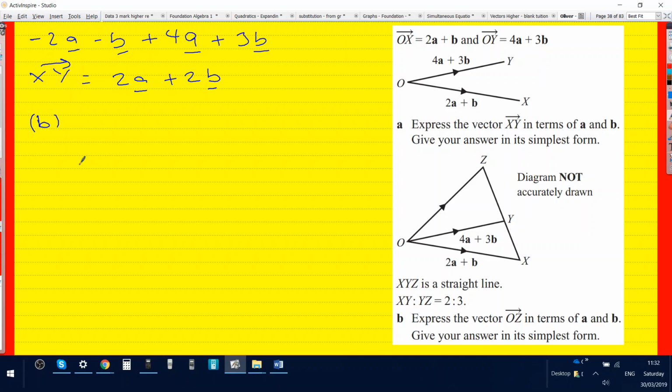Would you put 2? Wait, hold on. So that's 2, then 1. So I think that's it. So we need to do times x to y times it by 2. Say that again, sorry.